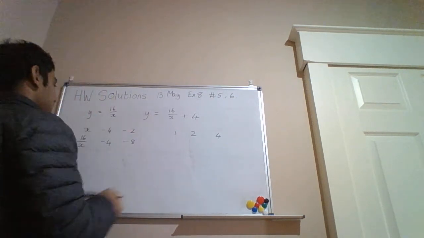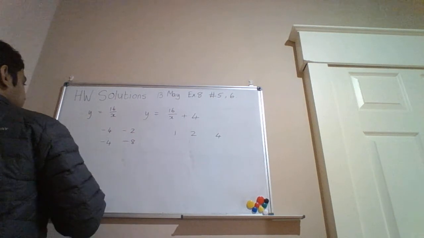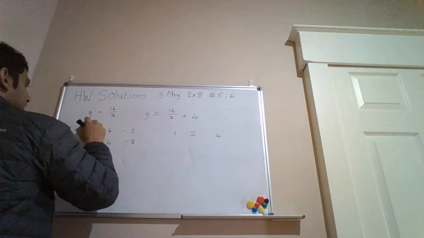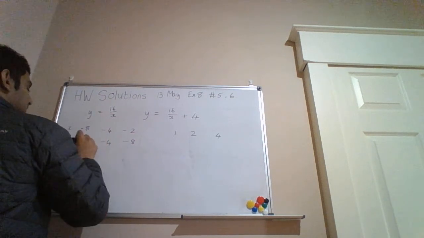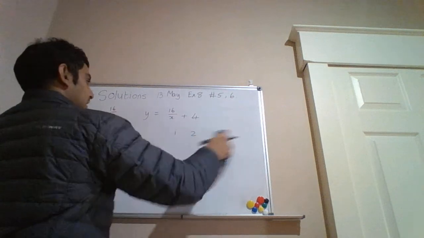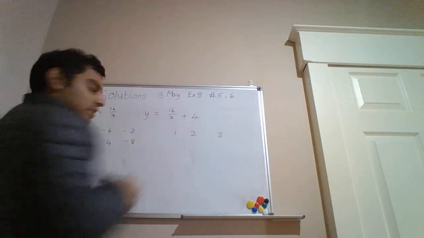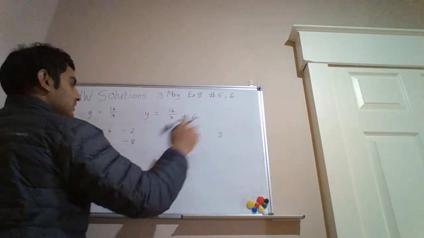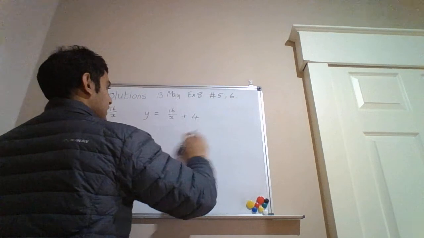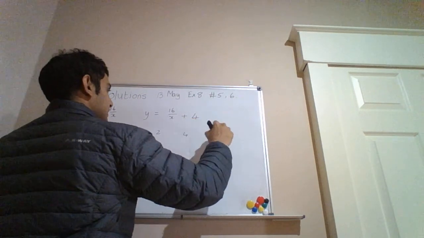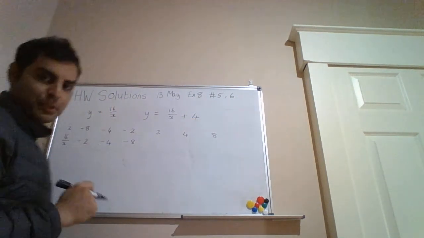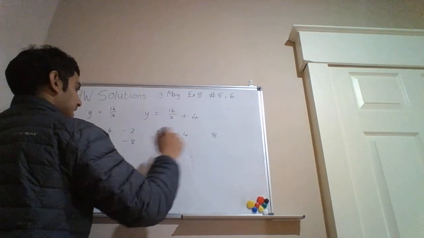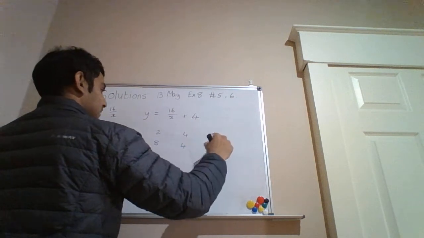I'm actually rather going to pick minus 8, minus 4, minus 2, and I'll change this to an 8. Okay, so I've mirrored the negative points with the positive points. If I substitute 2 into this equation, I get 8, 4, and 2.